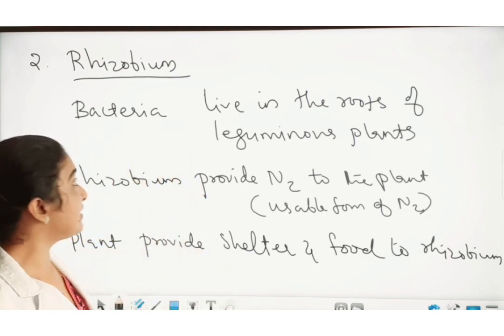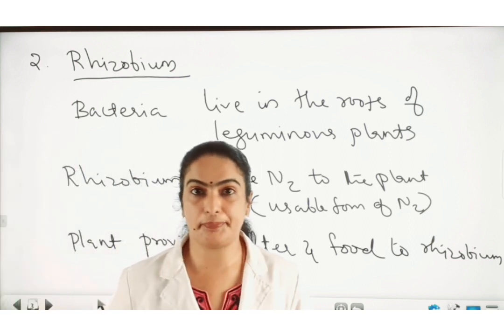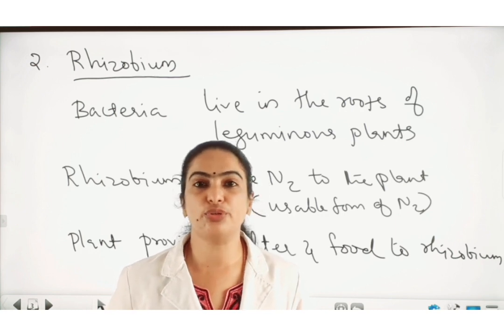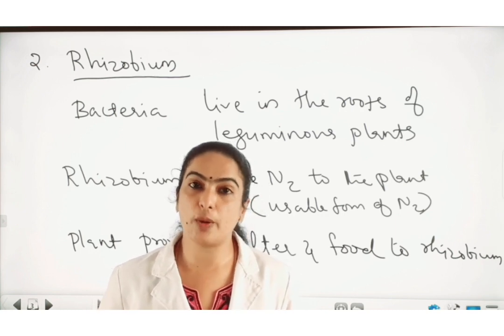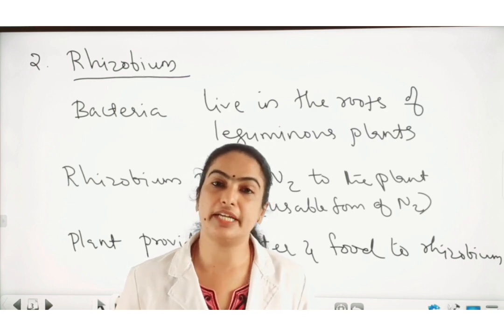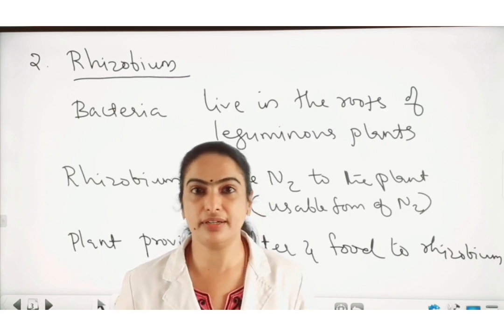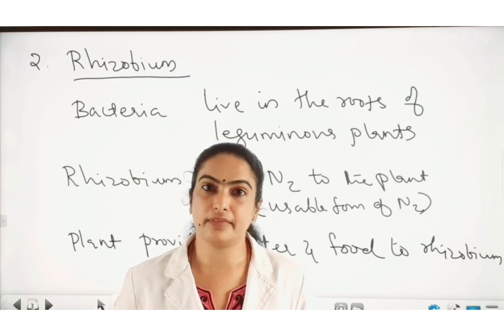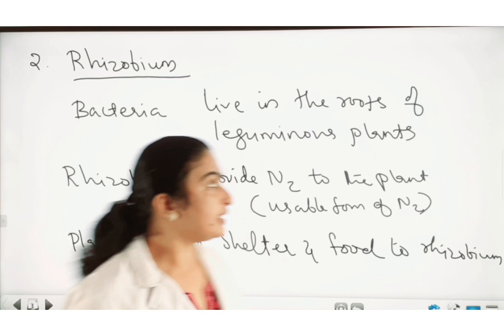Okay, and another example we can see: some fungi also live in the roots of plants. There also the fungi help for absorbing water and minerals, and the plant in turn can provide food and shelter to the fungi. Is it clear? So this is the third example.